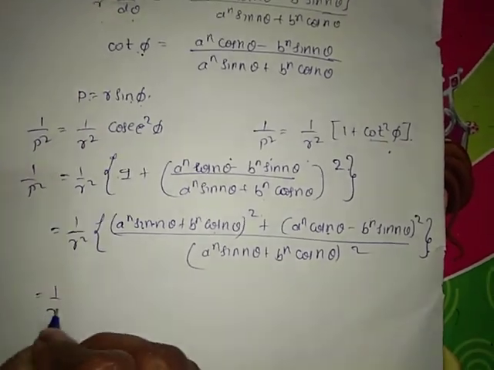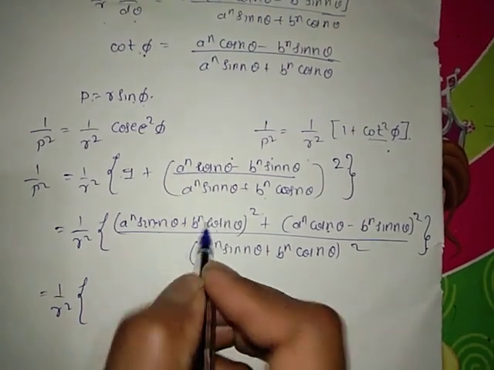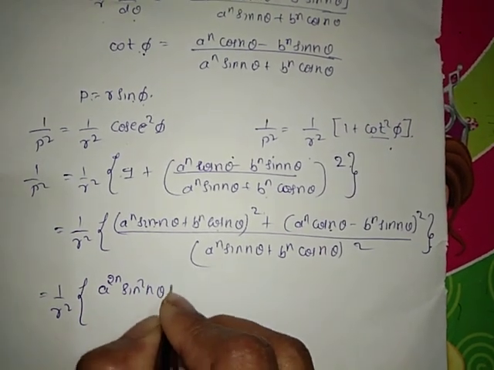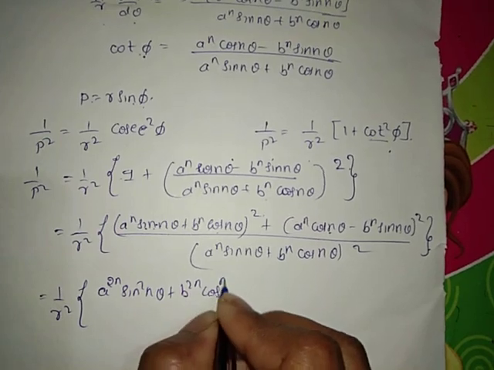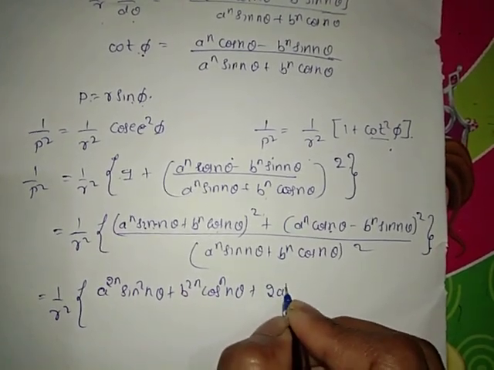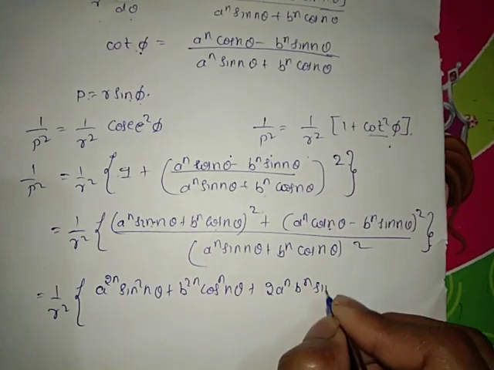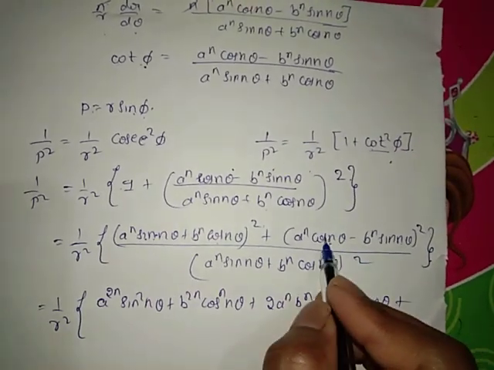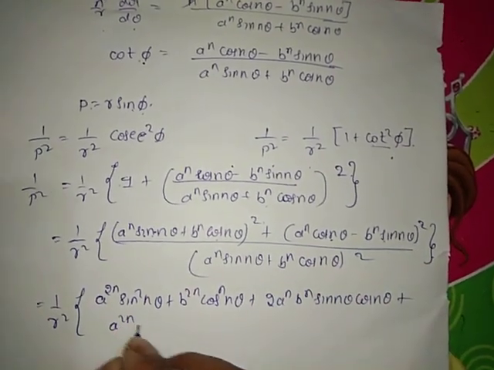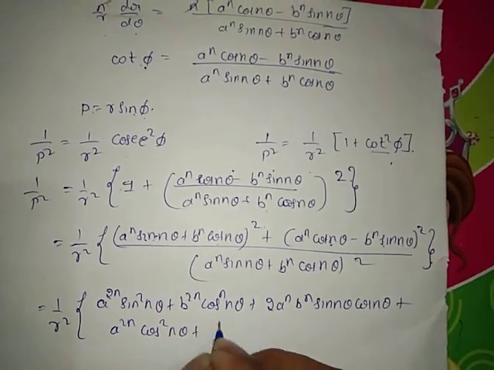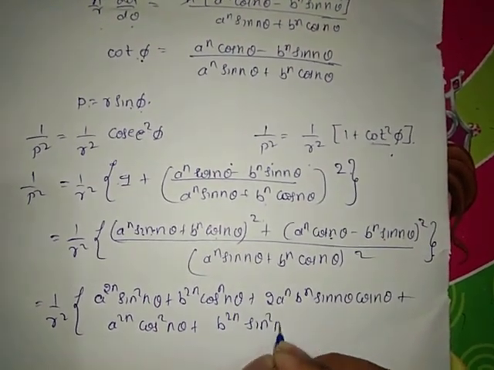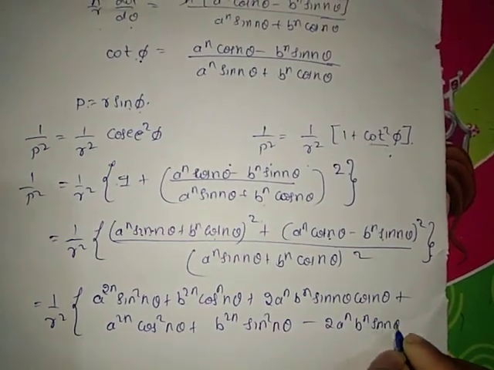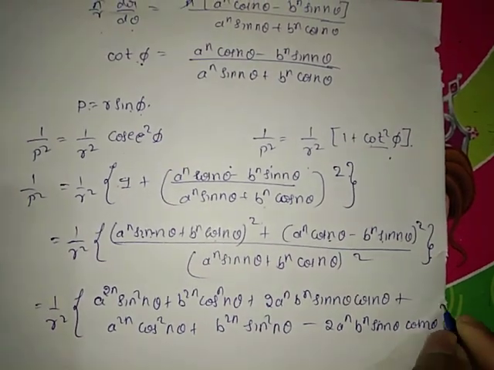Now the equation becomes 1 by r square into a square plus b square. A raised to n whole square is a raised to 2n sin square n theta, b raised to 2n cos square n theta plus 2 into a raised to n into b raised to n sin n theta into cos n theta, plus, taking again the a minus b whole square, a raised to 2n cos square n theta plus b raised to 2n sin square n theta minus 2 into a raised to n b raised to n sin n theta into cos n theta.